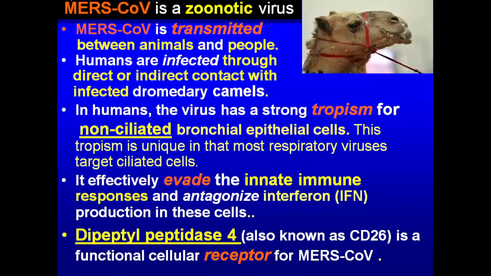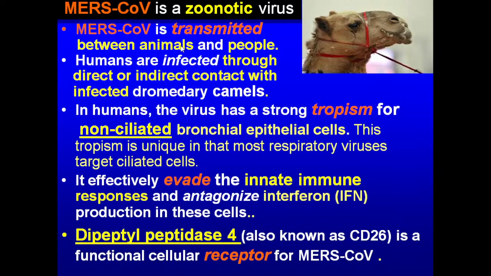So, MERS appears to be also a zoonotic virus. Can you see a correlation here? We believe that MERS-CoV is transmitted between animals and people, and humans are infected through direct or indirect contact with some animals, most probably camels. In humans, the virus has a strong tropism for non-ciliated bronchial epithelial cells.